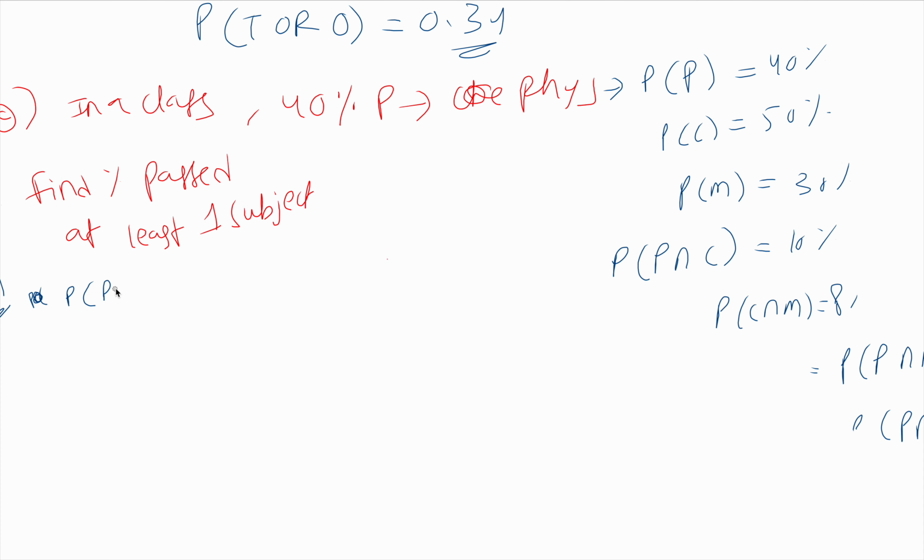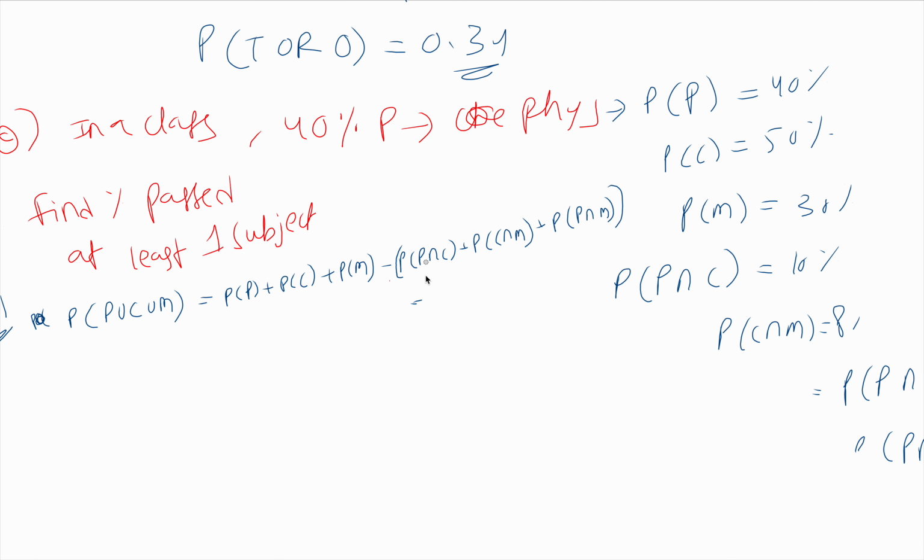Probability of physics union chemistry union maths is equal to probability of physics plus probability of chemistry plus probability of maths, minus probability of each pairwise intersection, plus probability of physics intersection chemistry intersection maths. This is the required formula.